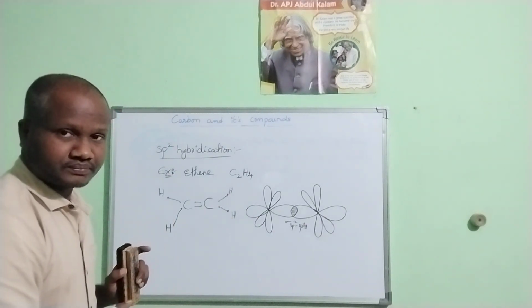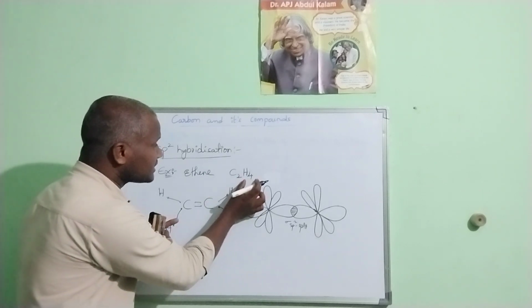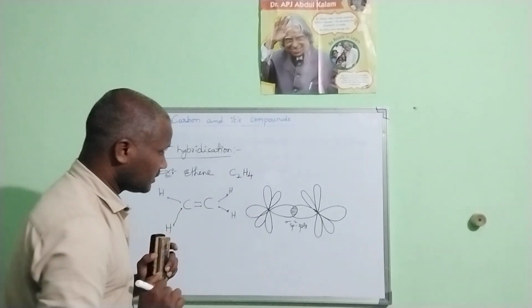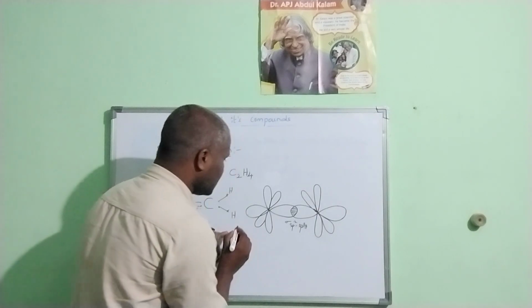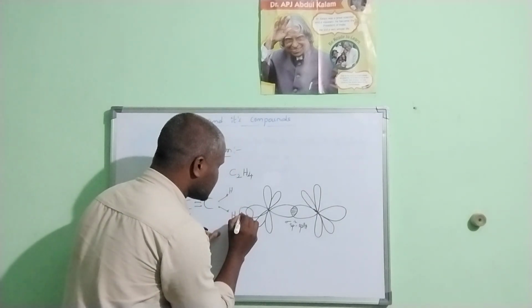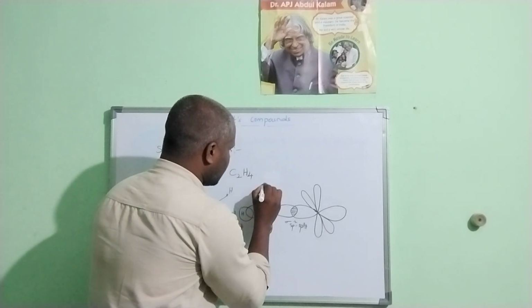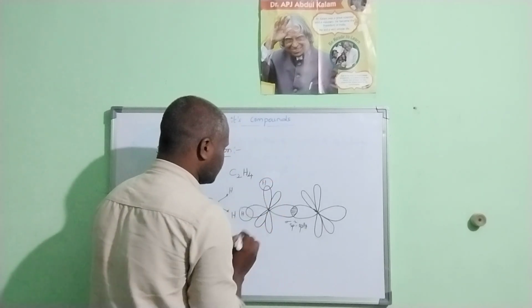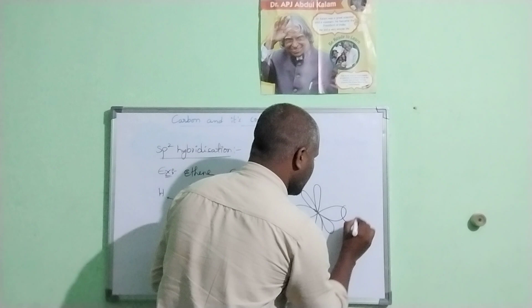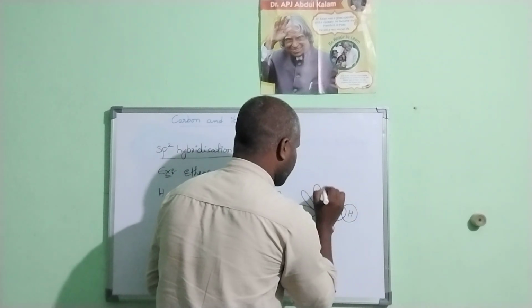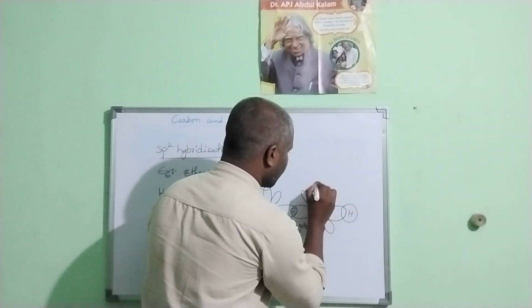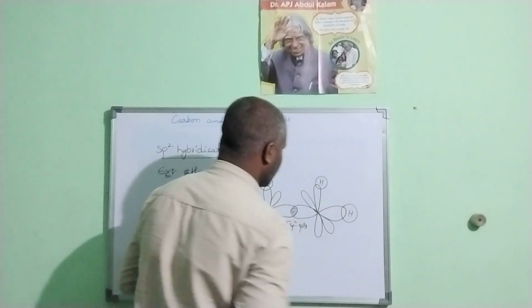the ethene molecule. And how many hydrogens are there? 4 hydrogens are there. So these 4 hydrogens will mix here, 1 and 2. This side also 1, 2.